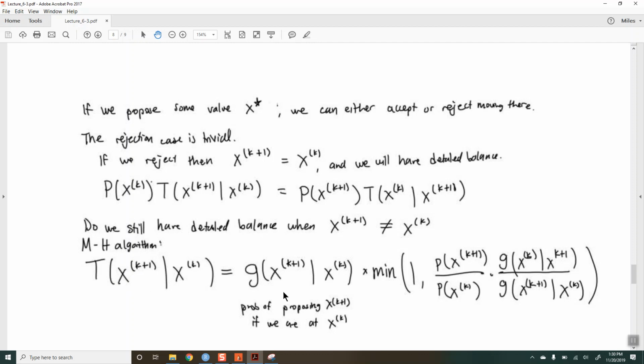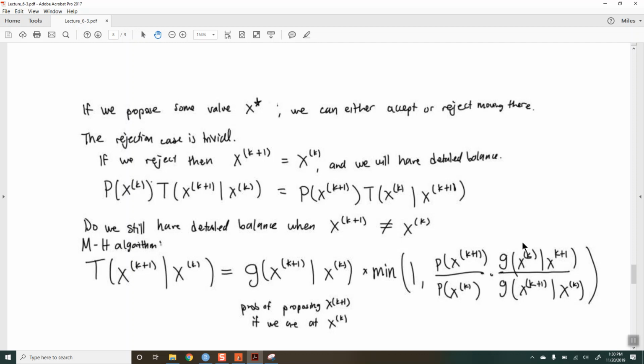This transition probability, which I had just written on the previous slide, is the transition probability of going from xk to xk plus 1. It is the probability of proposing xk plus 1 if we are at xk, times the probability of moving using the Metropolis Hastings algorithm, which is basically p of xk plus 1 divided by p of xk, times that adjustment factor, which is the Hastings part of the Metropolis Hastings.